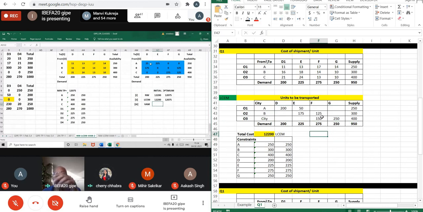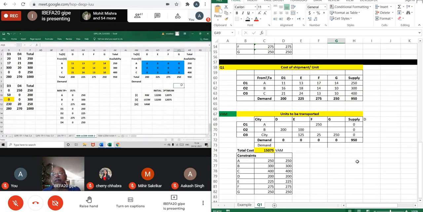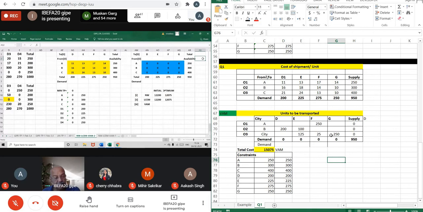So let us go by VAM. Difference, both the ways, row as well as column. Row difference 13 and 11, 2. 10 and 14, 4. 13 and 10, 3.